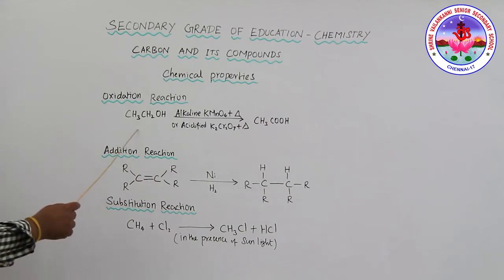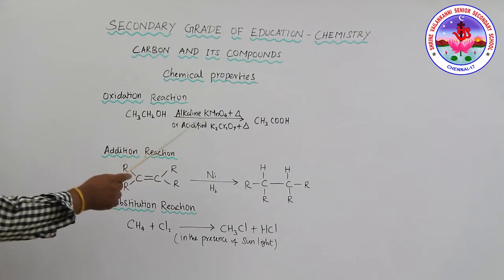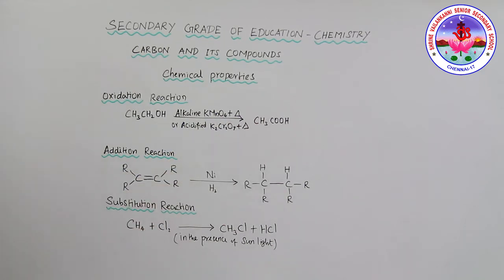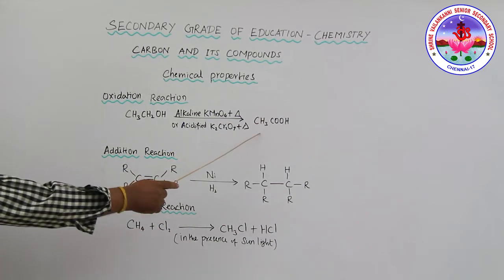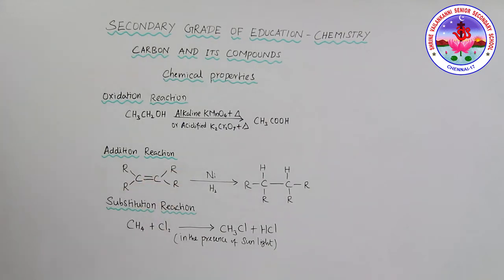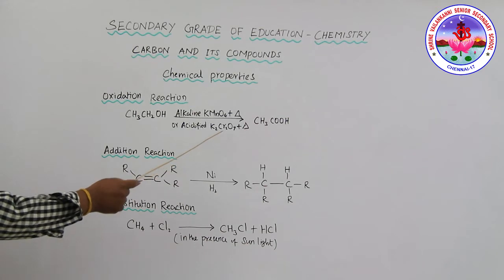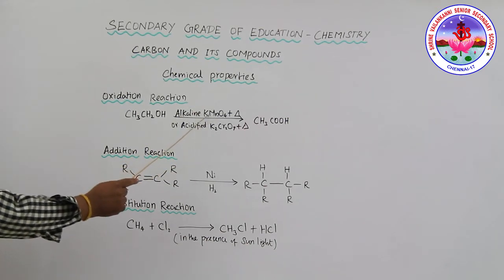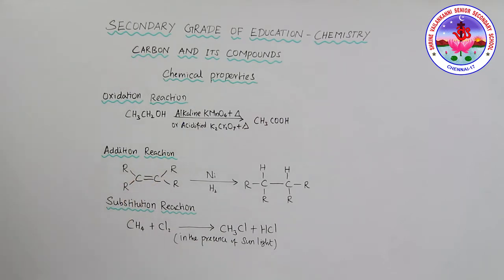The alcohol, in the presence of alkaline potassium permanganate on heating, gives a carboxylic acid. This is acetic acid. Or you can use acidified potassium dichromate. Either potassium permanganate or potassium dichromate converts it to carboxylic acid.